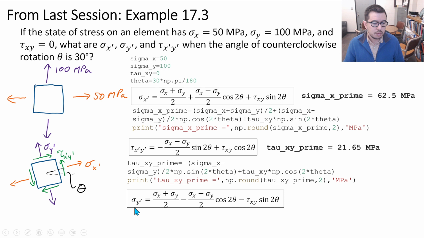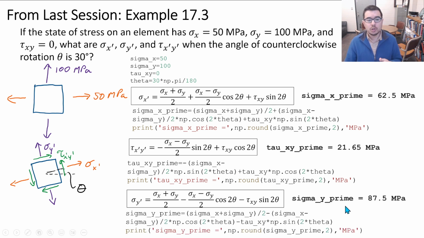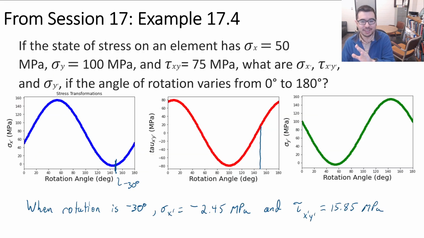We can also have an expression for sigma y prime, and as we discussed last time, this is like plugging theta plus 90 degrees into the equation up here, and then we get this one down here. So that's almost everything we're going to recover from session 17. We're going to do a little bit more review here.